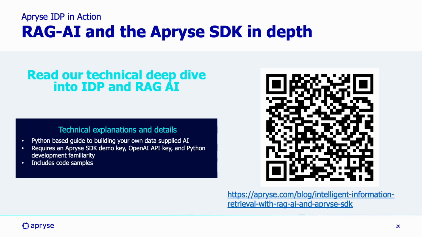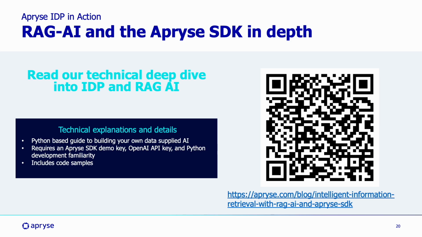Now, this whole concept of RAG AI and what it means to essentially privatize AI has all been explored in a very in-depth guide and blog article that I'm linking here in the QR code. Please scan and you should be able to jump right to our blog post authored by myself. And you can see real technical details and explanations complete with code examples in order to build your own RAG AI based on Apryse SDK and Python.